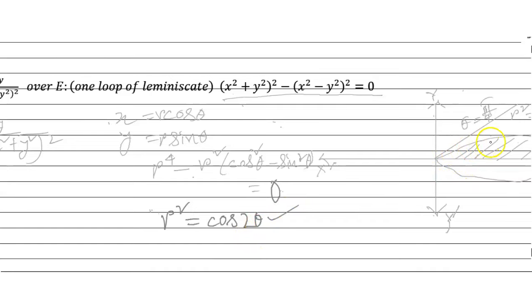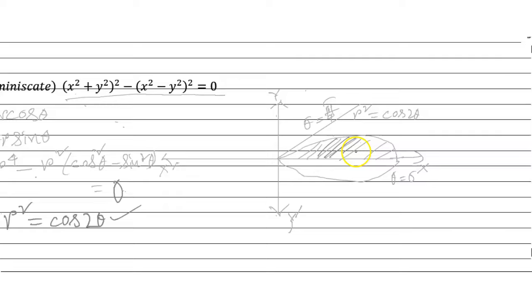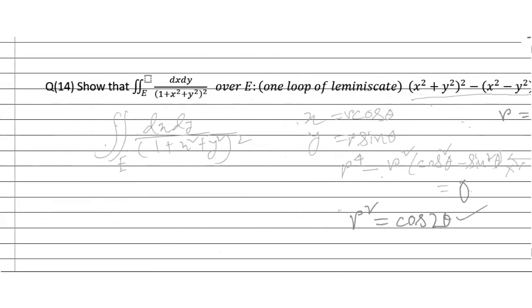I have already drawn this graph. You will see my graph would be this kind, and theta is moving 0 to pi by 4, and what is the value of r? r is equal to root over cos 2 theta. So let's try to solve this problem.